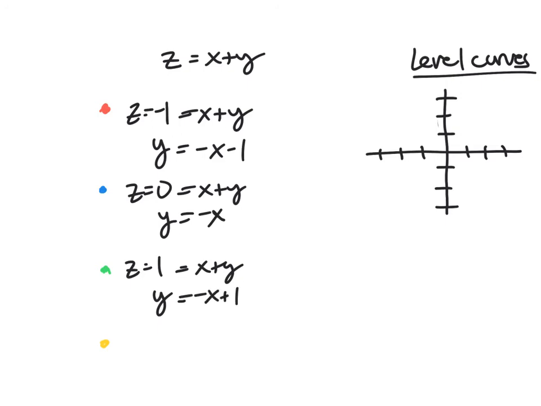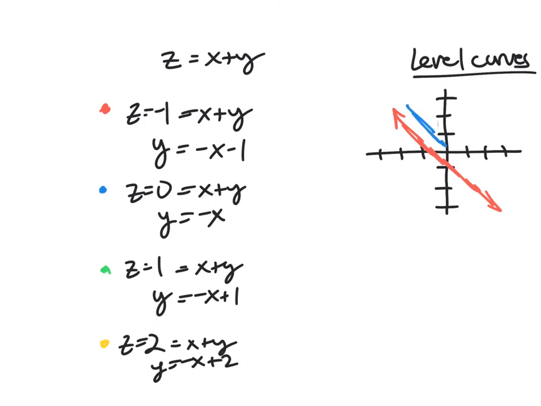And notice that all of these are lines of slope negative 1 in the plane, right? And then z equals 2, say, then we get y equals negative x plus 2. So these are all slope negative 1, and it's just different vertical intercepts, right? And so this first one goes through negative 1, has slope negative 1.